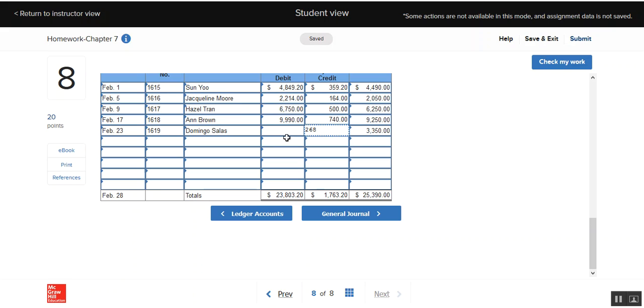Which means that his total amount due is the total of both of those. So that's the amount in his accounts receivable. And looks like that comes to $3,618.